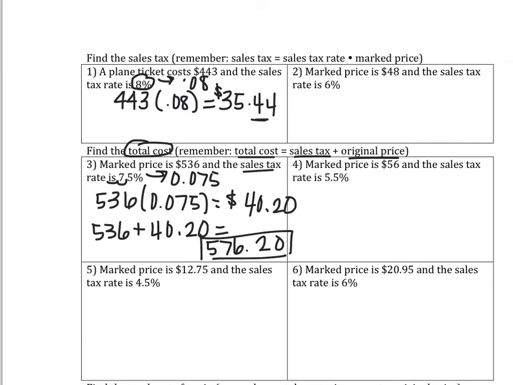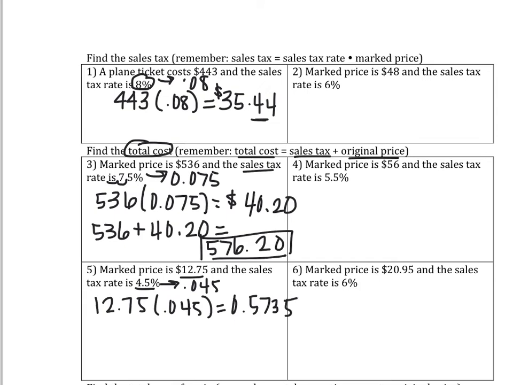So number 5, our marked price is $12.75, and our tax rate is 4.5% of the $12.75. So again, we're going to turn this into a decimal. Multiply it together, and we have, let's see, 0.5735, which that's not money.